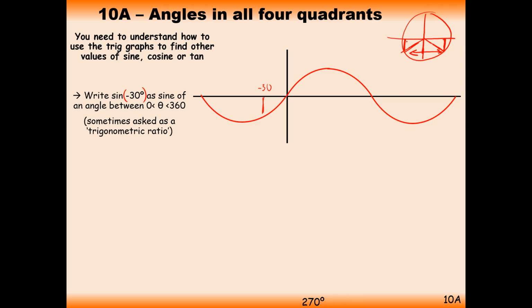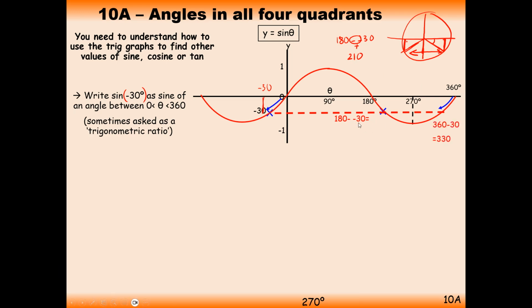So I take minus 30 and say 180 minus a minus 30. That makes a plus, so that's 210. I know sine of theta is the same as sine of 180 minus theta, so even if your angle is negative, you still use the same formula. It works out. So 210 is the answer we're looking for.